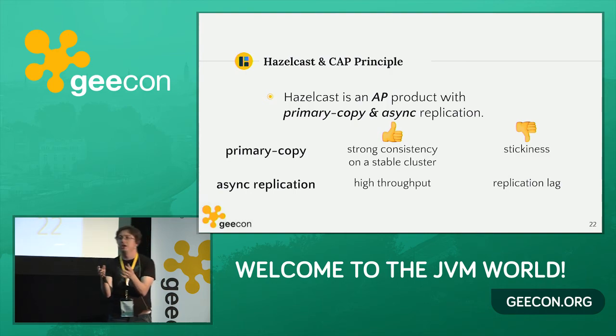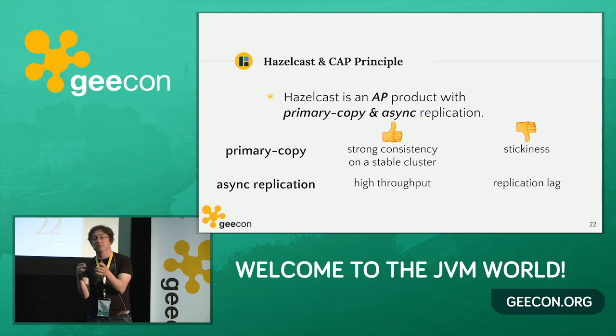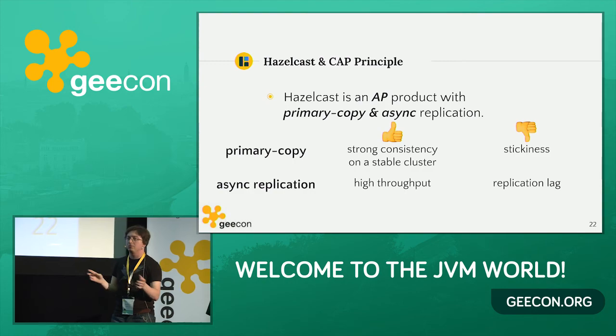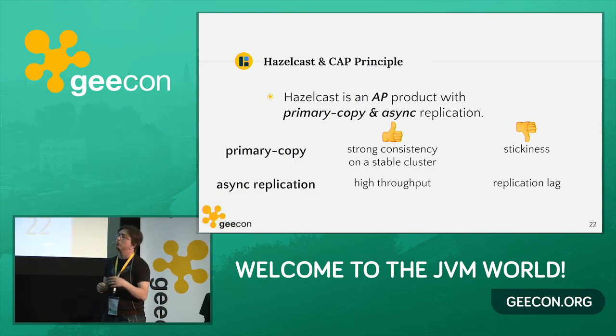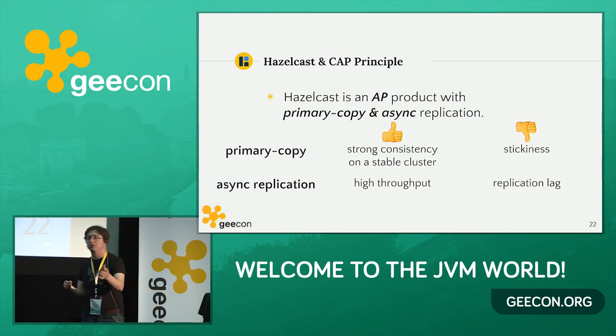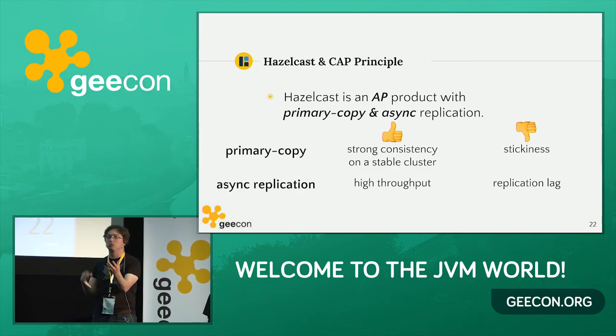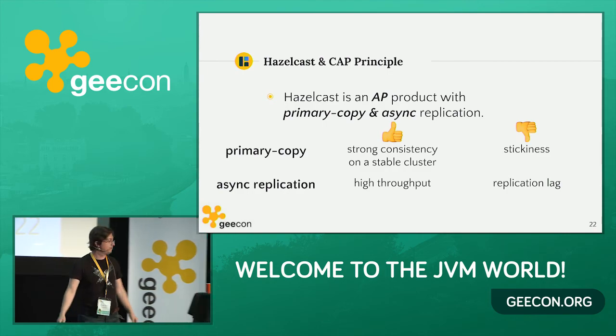Even if we have some measures to resolve this kind of issue once we discover them, it is inherently present in the system, because of the chosen replication method. So there can be some data loss if there is replication lag in the system and the primary fails. But I think it's a fair trade, because when you want to improve some part of the product, most of the time you have to make some trade-offs.